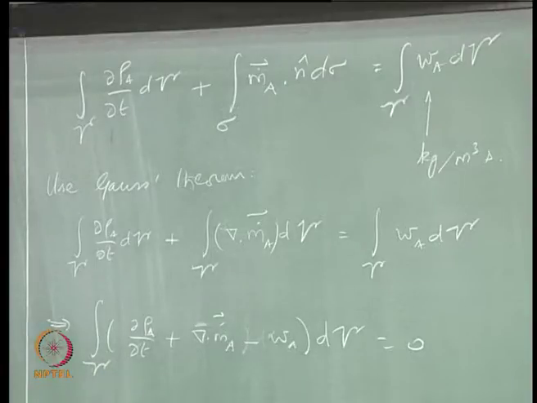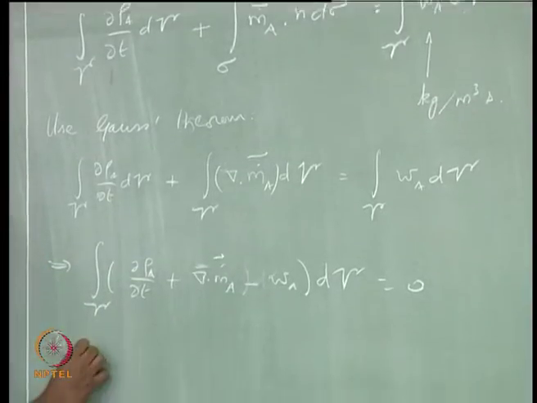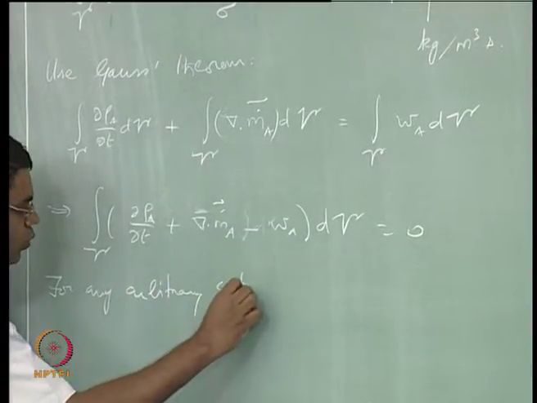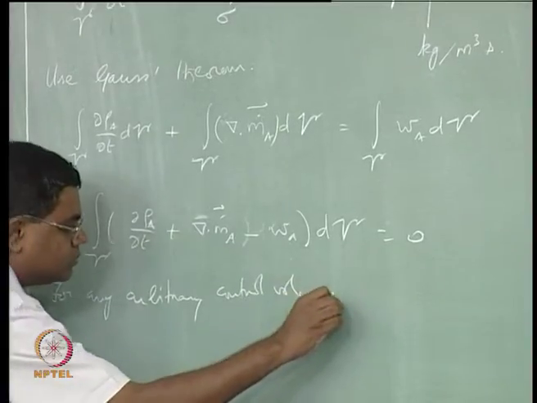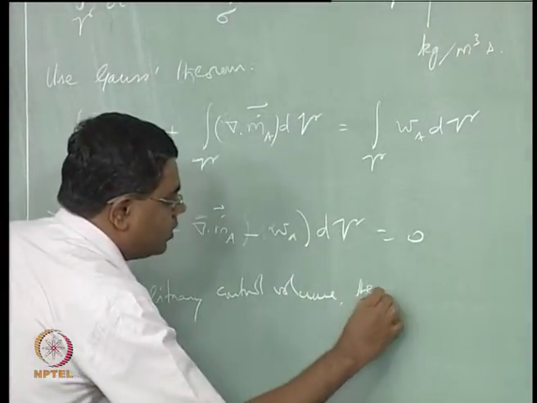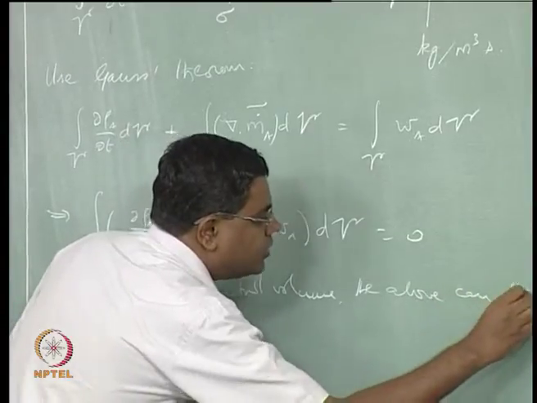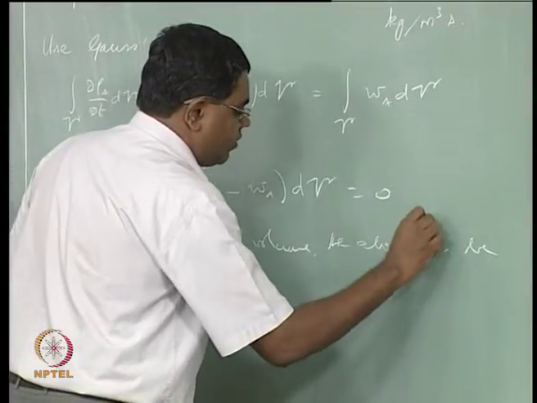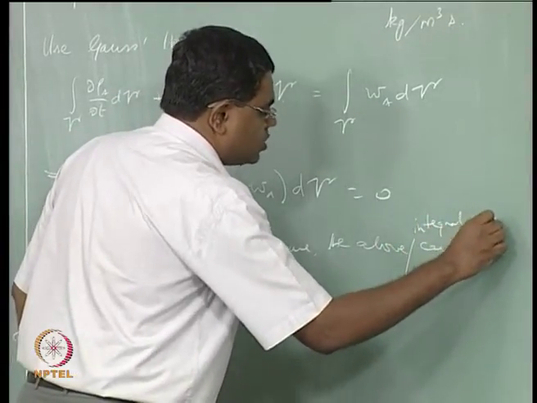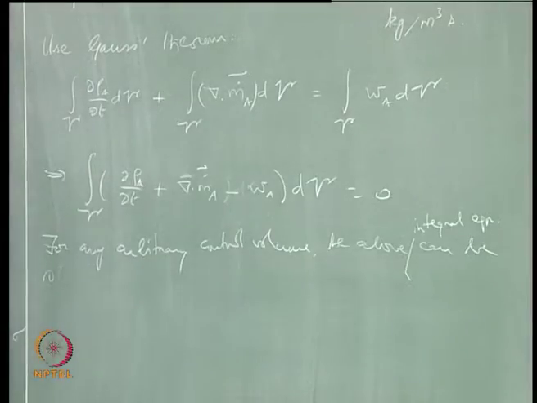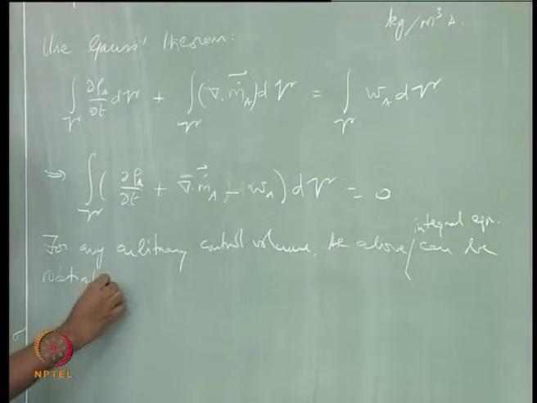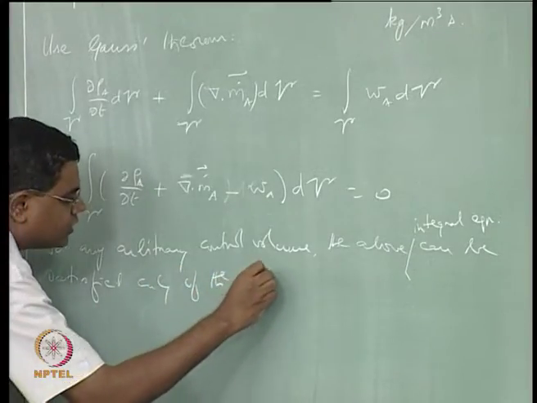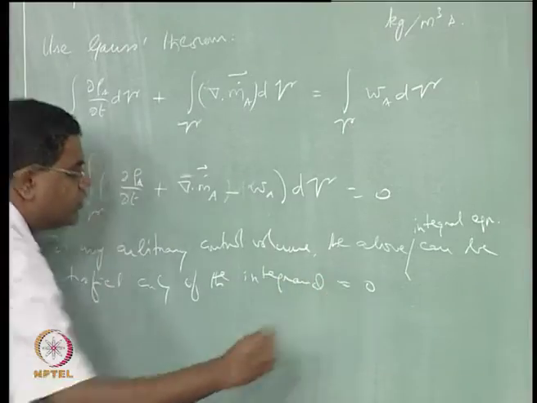So we now get, for any arbitrary control volume, the above integral equation can be satisfied only if the integrand equals 0.